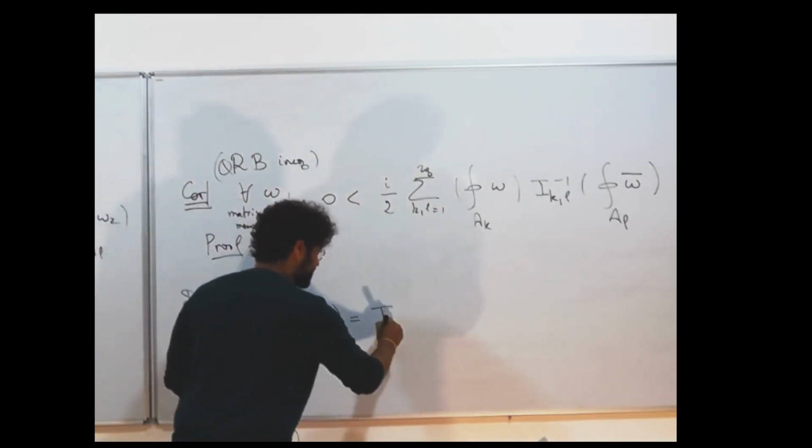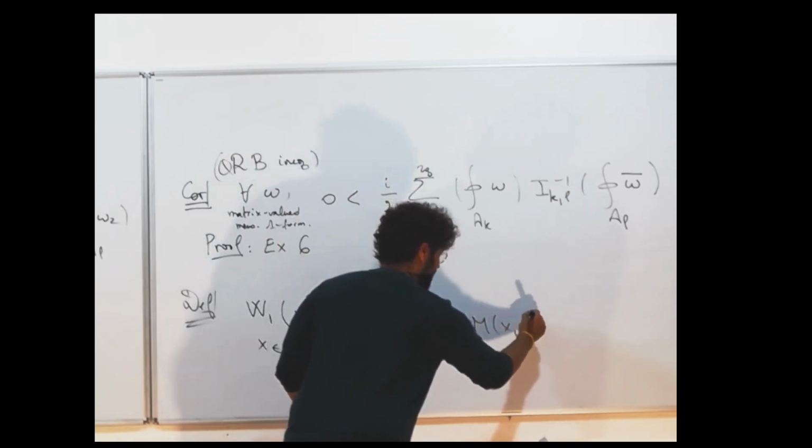This is now the trace of phi of x times m of x comma E.